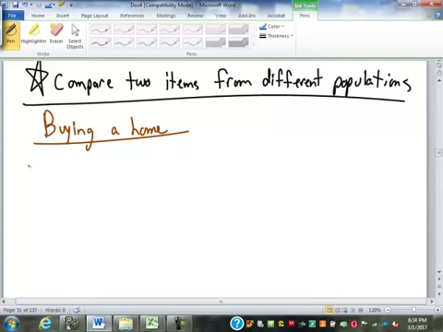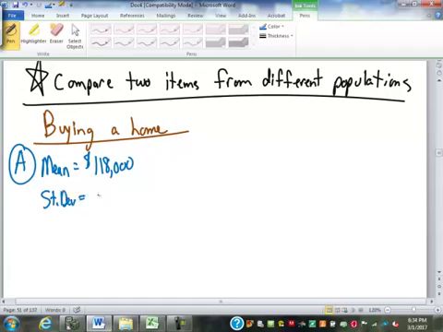In area 1, we're going to call it area A, the mean for that 3-bedroom, 2-bath house still is what we just saw: 118,000 with a standard deviation of 18,000.